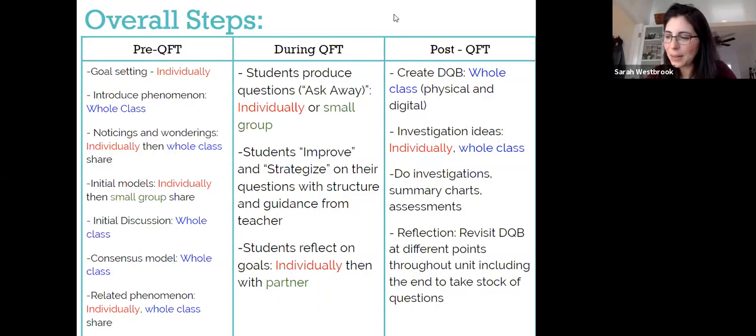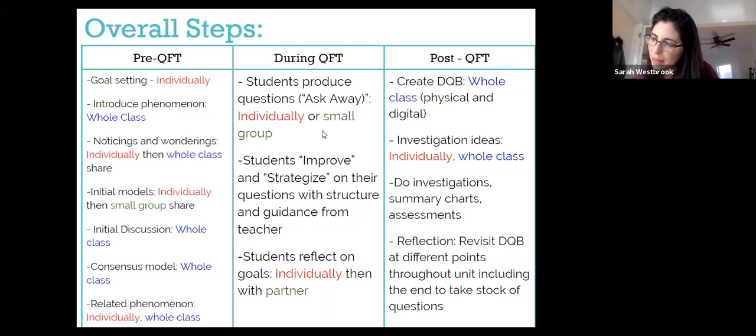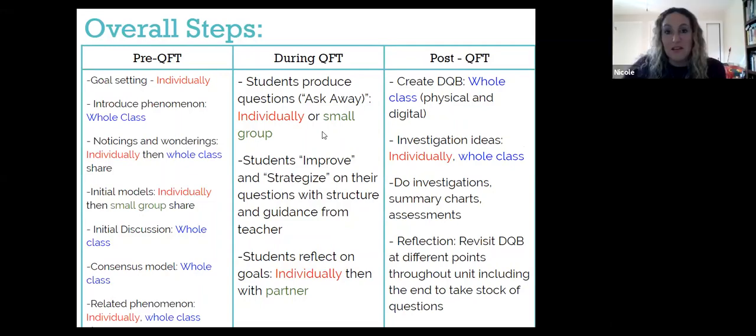I have one question that I wrote down earlier about, do you ever come up with or post one driving question? Usually, once we're done constructing the driving question board, we do have that overall question on the top of it, just to remind us what the main topic is, or the Q focus.